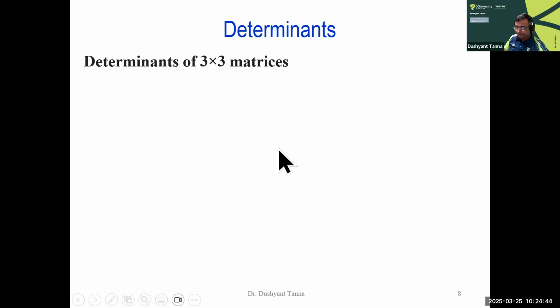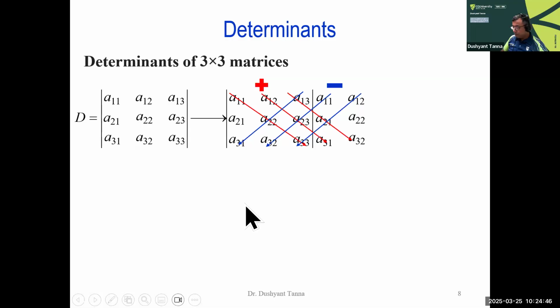So if you want to find the determinant of a 3 by 3 matrix, you extend the first and second column. You write the matrix, then this is the first column again, and this is the second column. Okay, so you're talking about 5 columns. Then what you do is take all the principal diagonals.